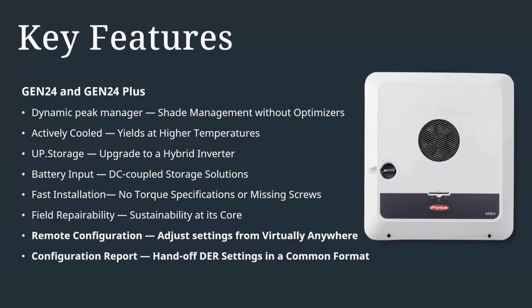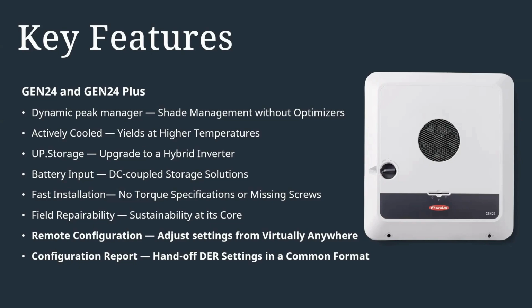Configuration report is a new way of exchanging the DER settings with the utility. So in previous years, you would actually have to receive the settings from the utility and then manually place each one of those settings into the inverter, take a screenshot, make a picture, something like this, and then send it back to the utility to receive your permission to operate.